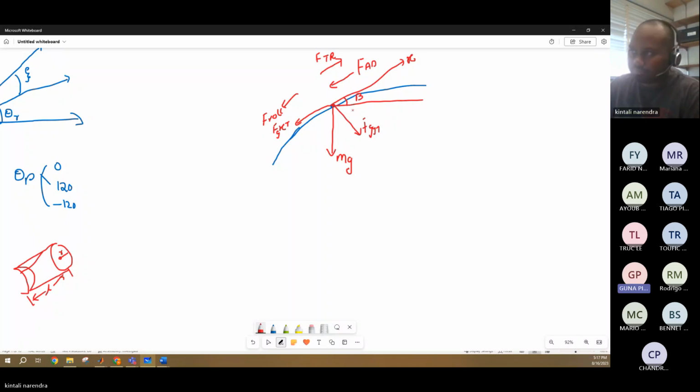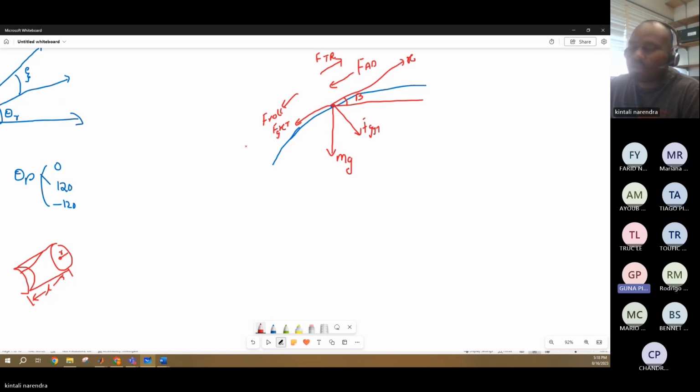What is that, FXT and FYT? Is it some axis that you are defining so that you can resolve the forces? No, same, this is mg, right? Because of this force mg, there will be two resolved forces which are called FGXT and FGYT acting upon the vehicle.